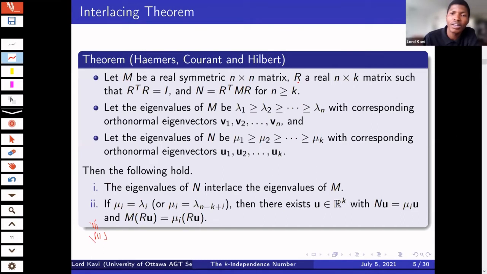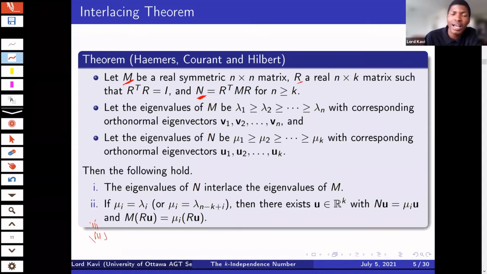And we also have an n by k matrix R such that the product R transpose R gives the identity matrix. Then we form a new matrix N by multiplying R transpose times M times R. The theorem says that the eigenvalues of this new matrix N interlace the eigenvalues of the original matrix M.